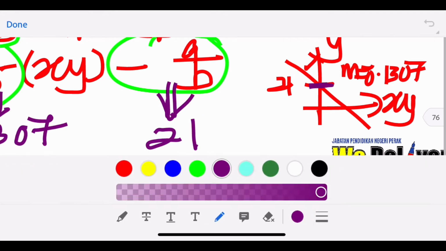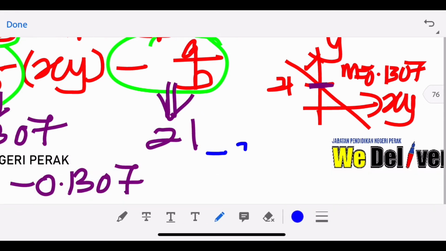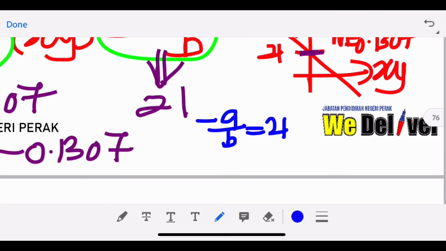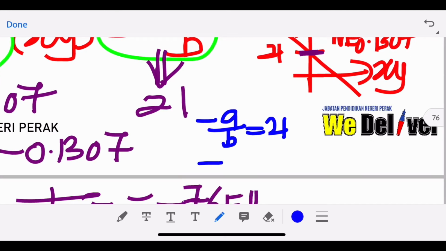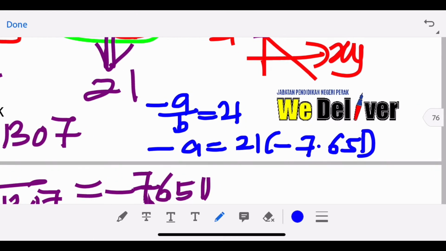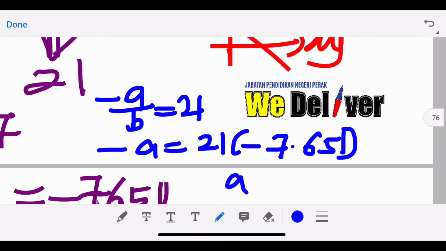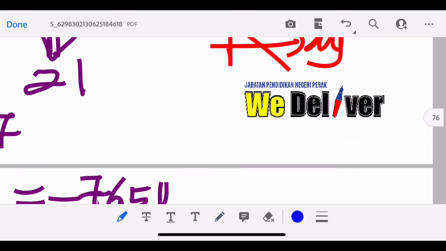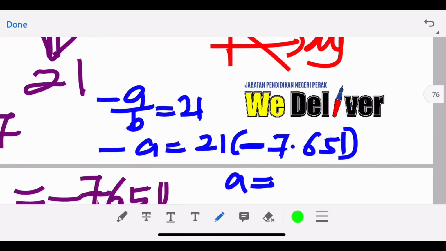Alright, so we will substitute negative A over B equal to 21, and then we'll use our B just now, which is negative 7.651. So 21 times negative 7.651. That means our answer for the constant A will be positive, because the two negatives cancel out, right? It becomes positive.